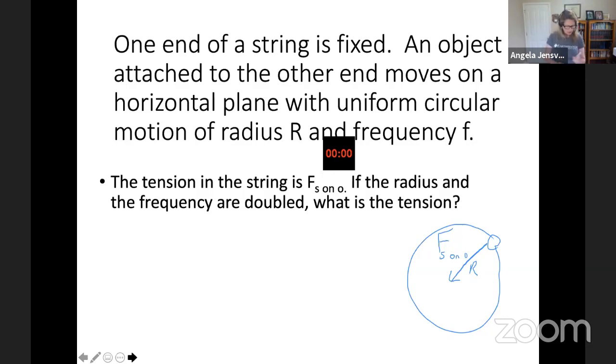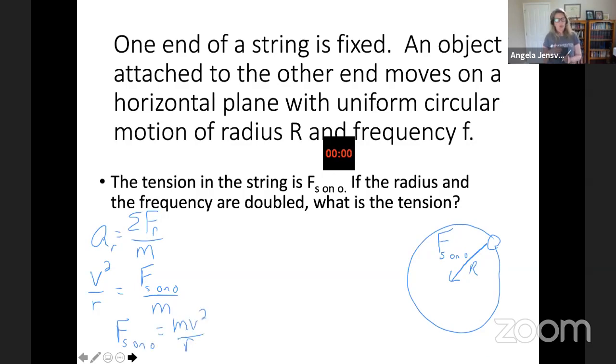Let's analyze this using Newton's second law. Summing the forces in the radial direction, you've got mv squared over r equals just the tension, the force of string on object. So solving, the force of the string on the object is mv squared over r.